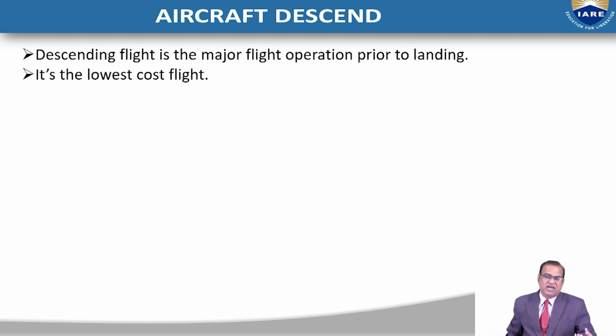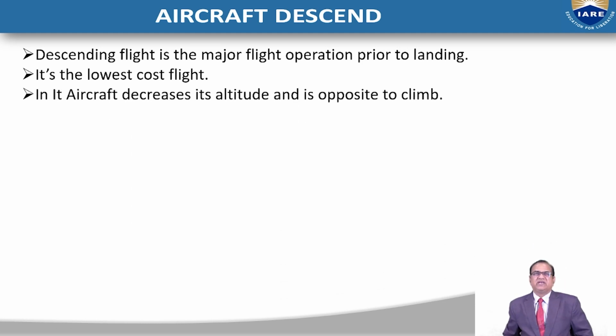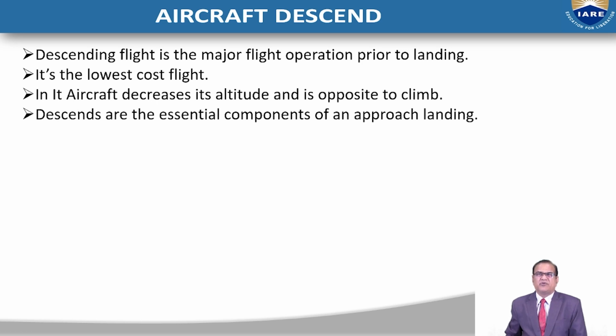We are not switching off the engine; however, only about 10 to 15% throttle we give. In it, the aircraft decreases its altitude, which is opposite to the climb. Descents are an essential component of an approach landing.